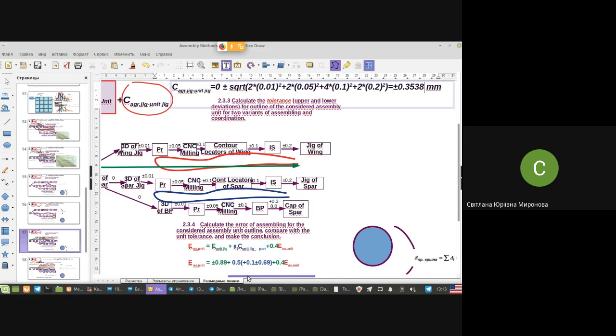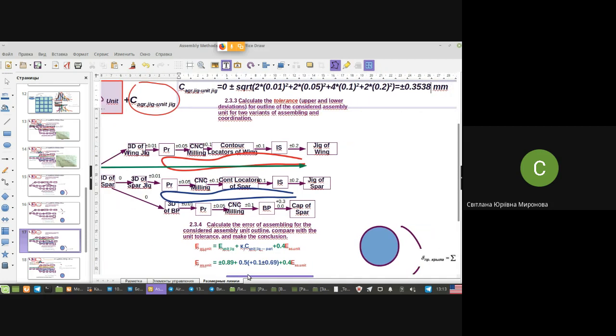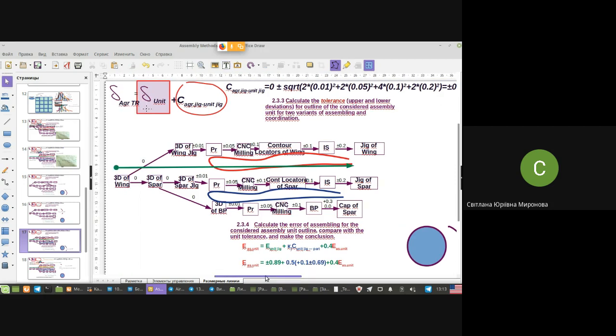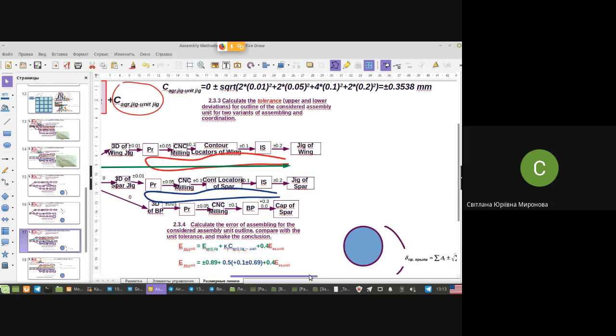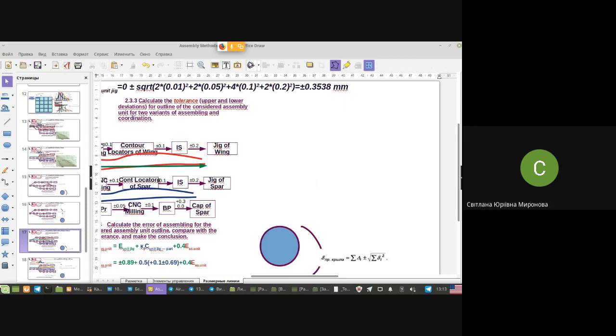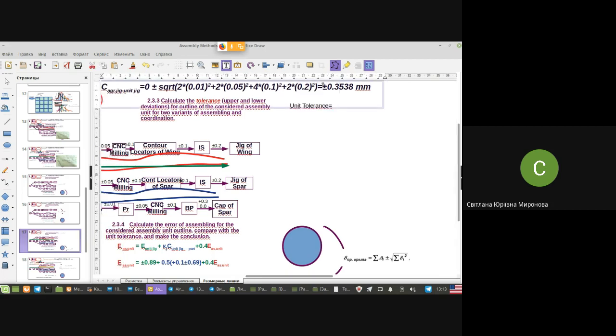We still need the unit tolerance to calculate delta Z1. What will this tolerance for the unit be in this case? I hope you do remember. The unit tolerance in our case is our red colors.